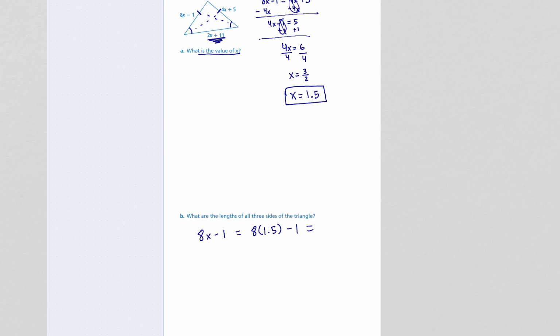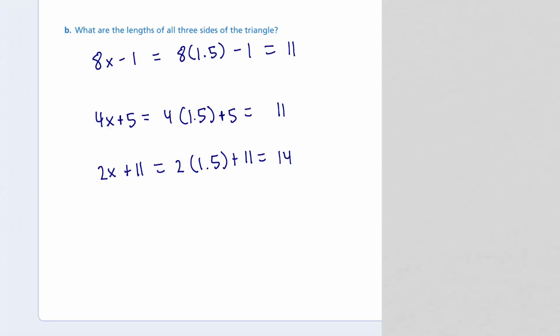You're doing the same thing for the other two sides. Okay, so we end up with 11, 11, and 14. If you were copying what I had done, I had minus 5 here first, but it's plus 5, so hopefully you copied it right.